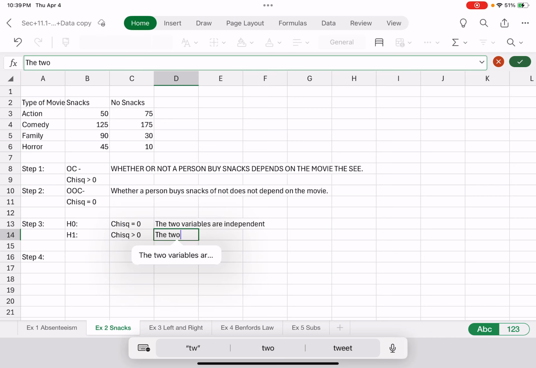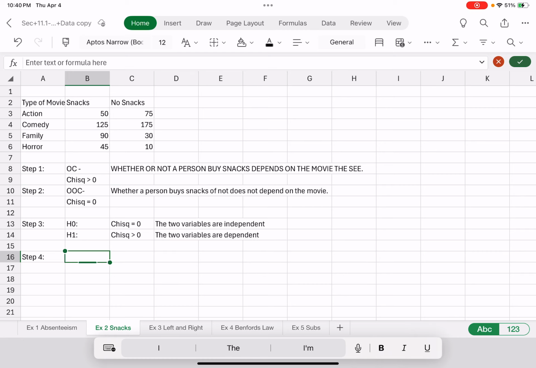The two variables are not independent, they are dependent. And I'll say this is statistically dependent. We can only talk about it statistically being independent or not. We don't really know if they're affected, actually.